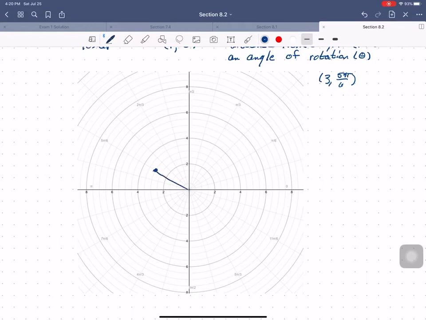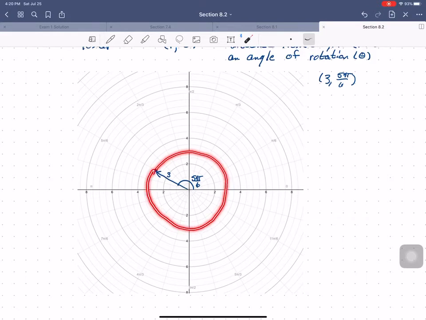Well, this is a radius of 3 at an angle of 5 pi over 6, because this spoke is an angle of 5 pi over 6. Anything along this spoke is at a positive rotation of 5 pi over 6. Now, this whole circle is a circle of radius 3. So we know the point is going to be on that circle and at that angle of rotation.